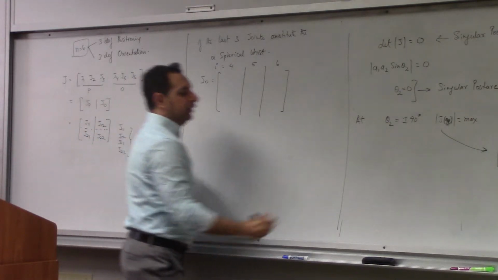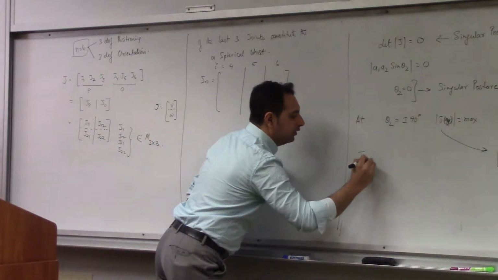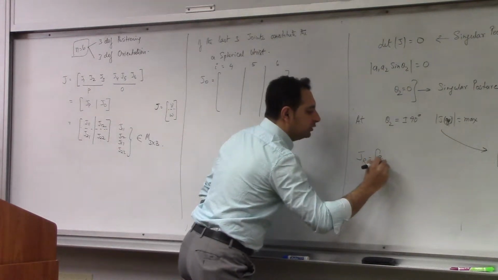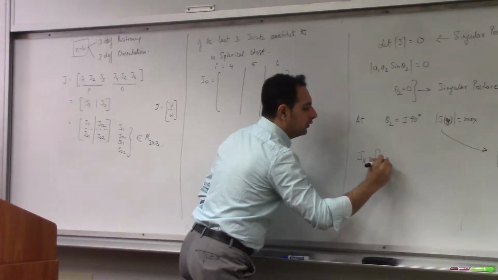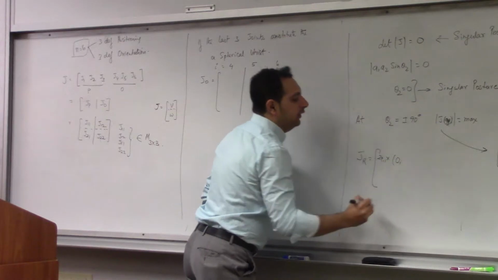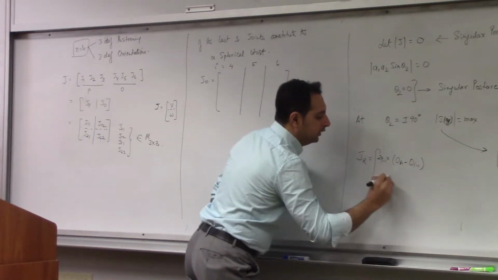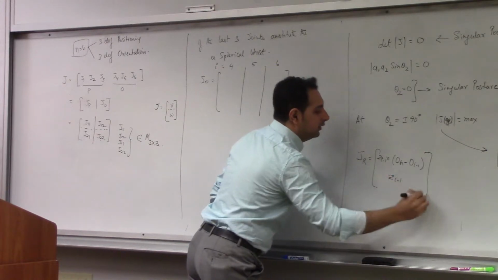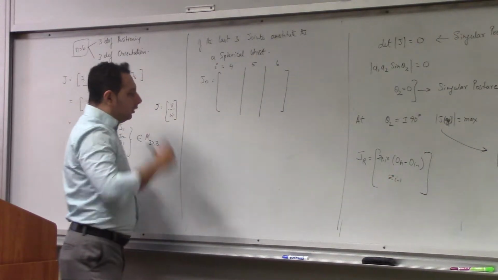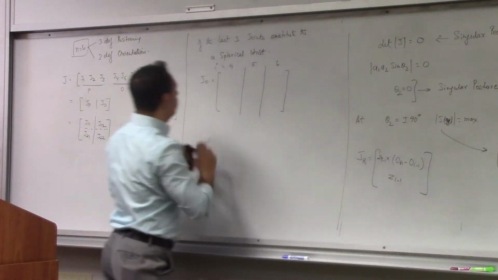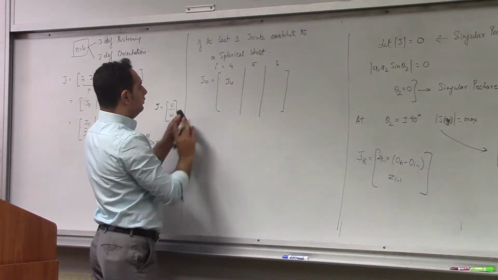Now if you remember, the Jacobian of a revolute joint is as follows: Z(i-1) cross (On minus O(i-1)), and here Z(i-1). So in this case, we'll have this as J4.